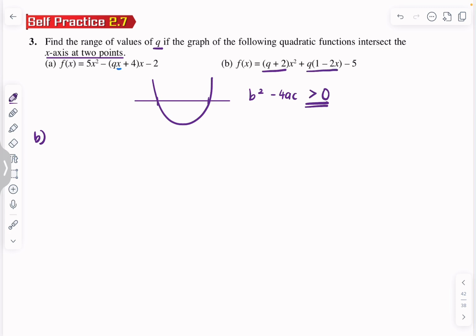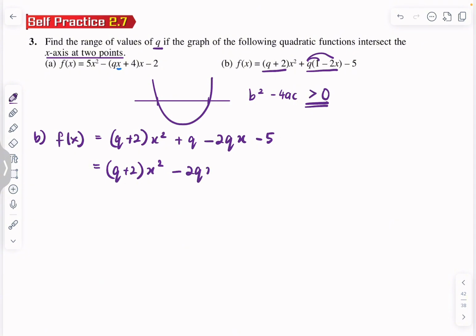So we try to expand it first. f(x) will be q plus 2, x squared, plus q minus 2qx minus 5. So here we rearrange it: q plus 2, x squared, minus 2qx, plus q minus 5.